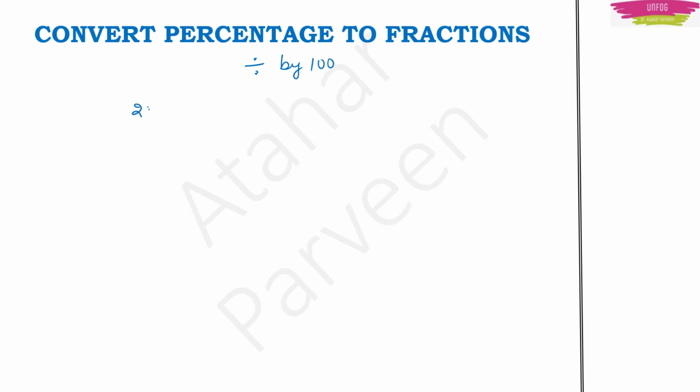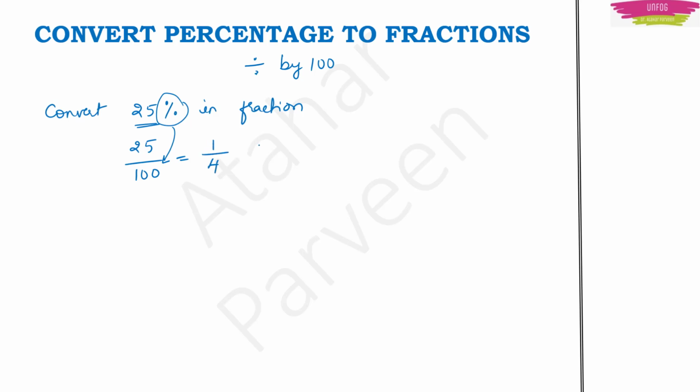If they are telling you to convert 25% in fraction, what you do? 25 divided by 100. Wherever percentage is already there with that number, it means that that number is having 100 in the denominator. If you remove the symbol, you can write by 100. So 25 by 100 will be 1 by 4 because 25 fours are 100.